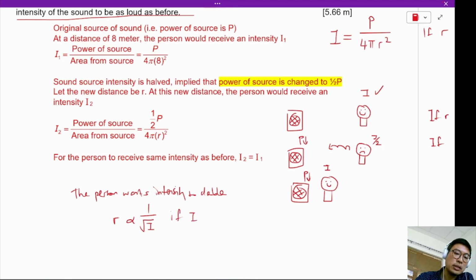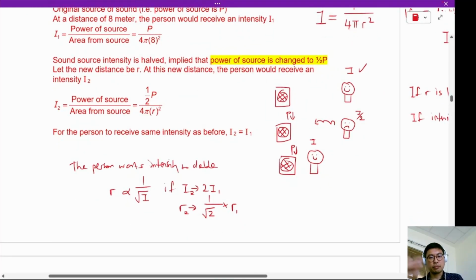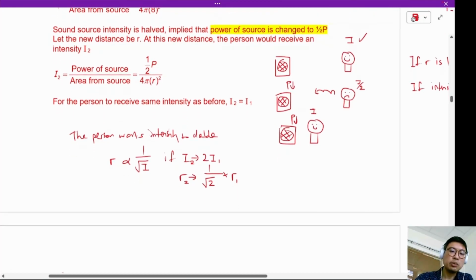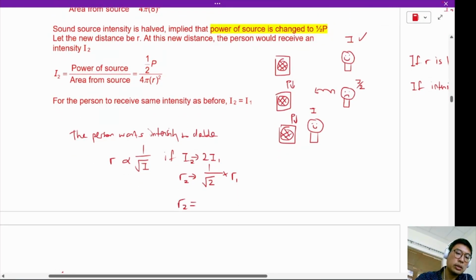So if intensity becomes twice as much, then R will become 1 over root 2 of the previous distance. So R2, the new distance, will be 1 over root 2 of the original distance, which is 8. And that will give us 5.66 meters.